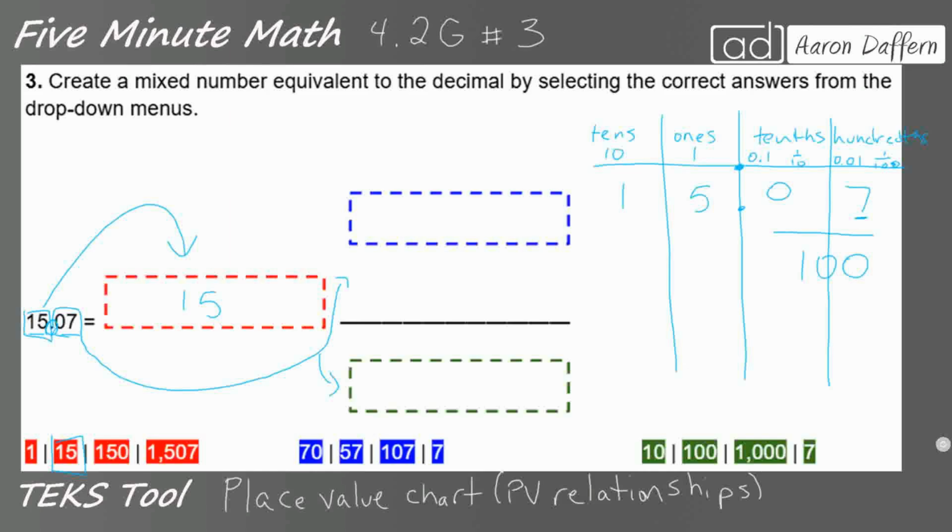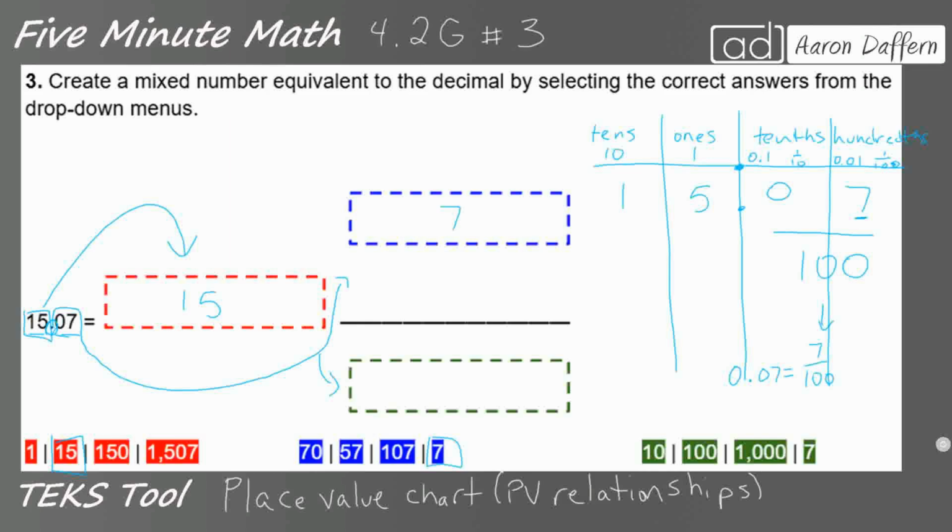Now, the only change I would make is that we don't really say 0.7 over 100. We don't need a leading 0. So we would just drop that, and we would just turn it into 7 hundredths. But that's what the 0.07, right? If we were just going to look at it as just a decimal without the 15, that 0.07 is 7 in the hundredths place, which means for my blue, I'm going to need my 7, right?